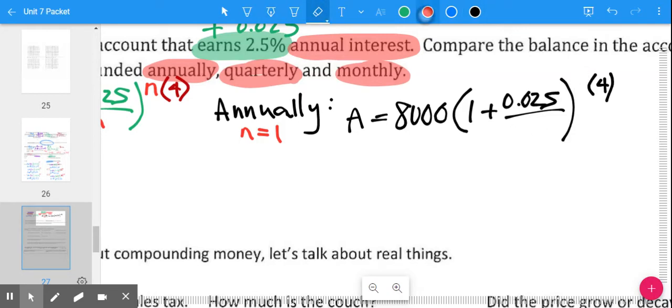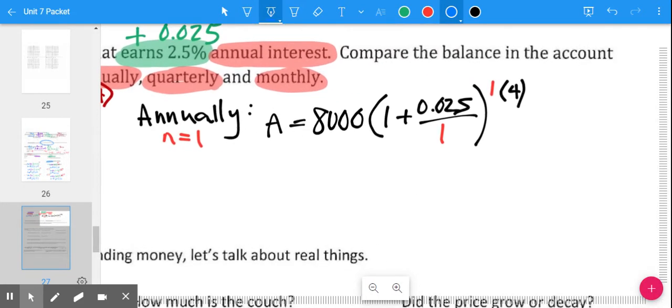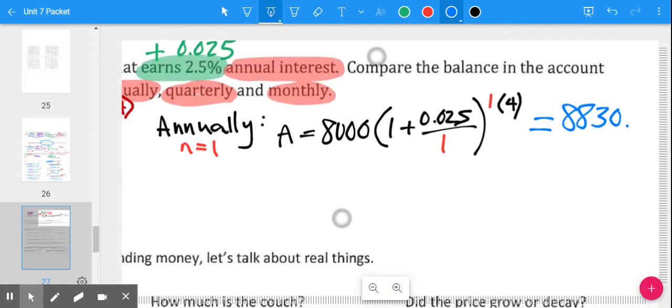I'm going to change my colors on those n's. So 1 and 1. So when you plug this into the calculator, annually, you would end up with $8,830.50.